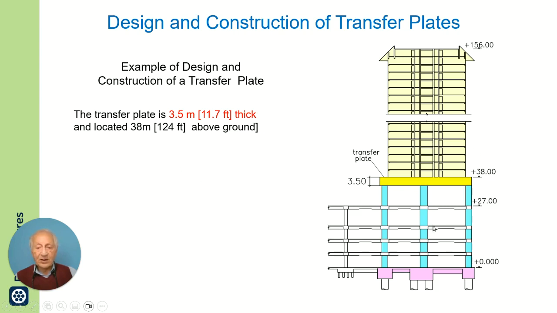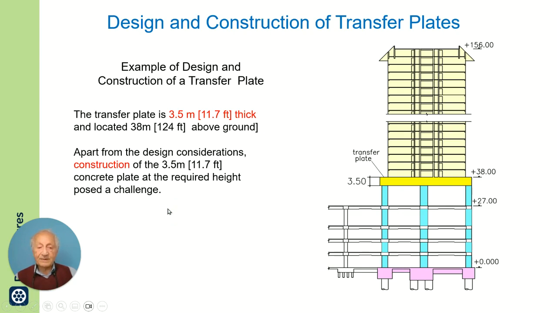This is one of our projects in Macau, which has a transfer plate here 3.5 meters, which is about 11 feet, at 38 meters, which is about 120 feet above the ground, supporting the superstructure.